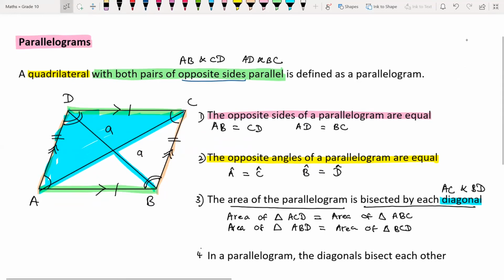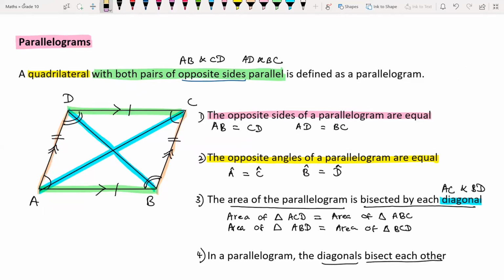Right? The fourth point. In a parallelogram, the diagonals bisect each other. Now, these are our diagonals, the blue color lines. Because of the diagonals, this length and this length are equal. And also, on the other hand, this length and this length should be equal.